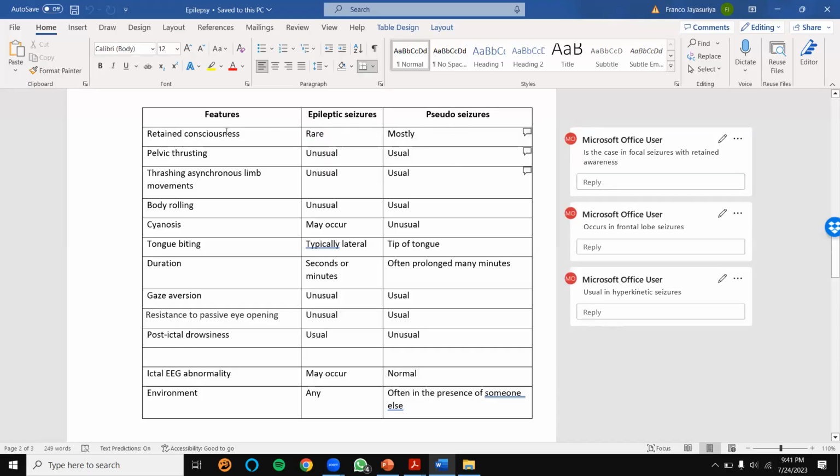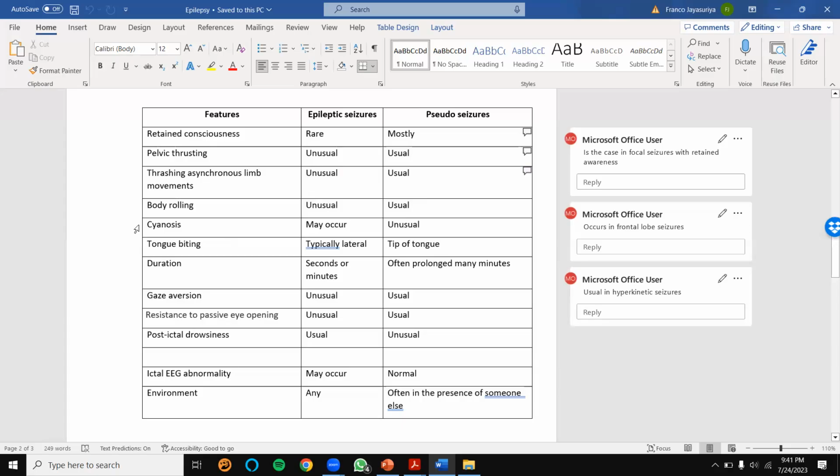Then there are some characteristic movements which are common in pseudoseizures, like pelvic thrusting. Okay, asynchronous limb movements. Usually in a true epileptic seizure, the limb movements are synchronous. Whereas in a pseudoseizure, they're asynchronous. There's no particular sequence of the movement. Body rolling is also more with pseudoseizure and less common with epileptic seizure.